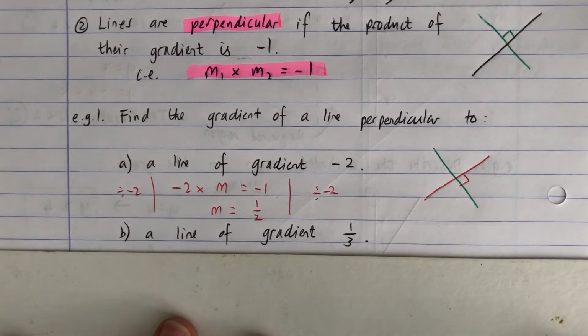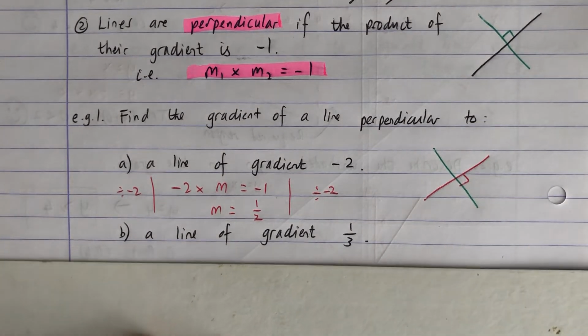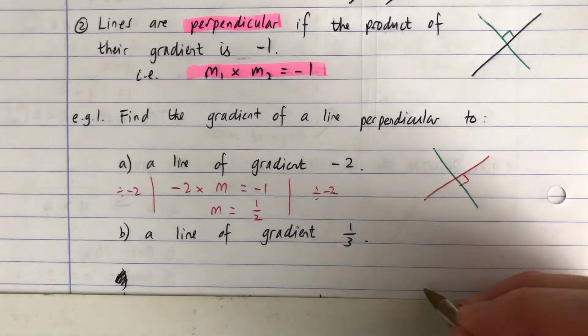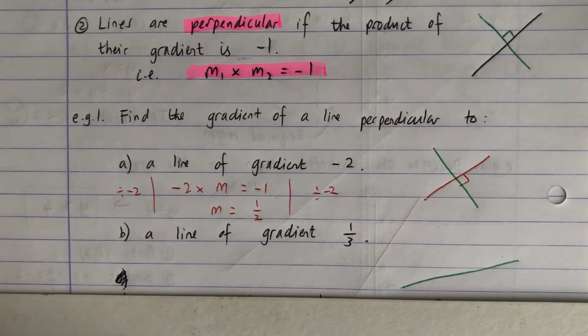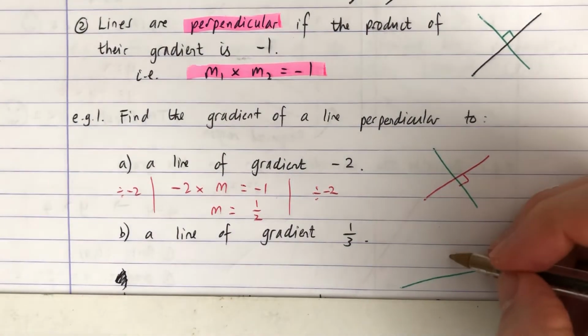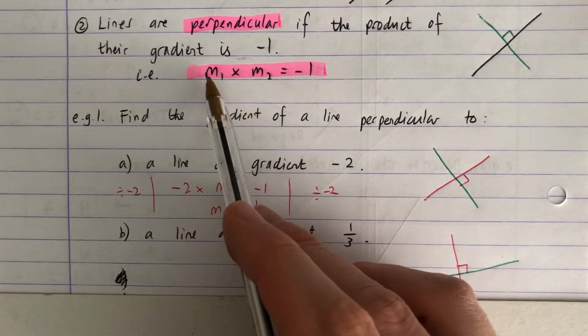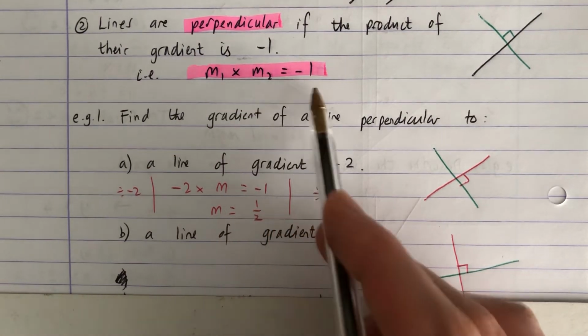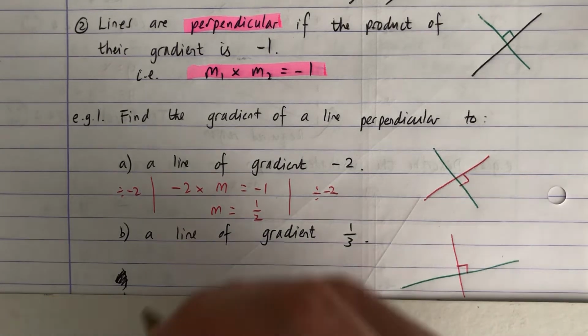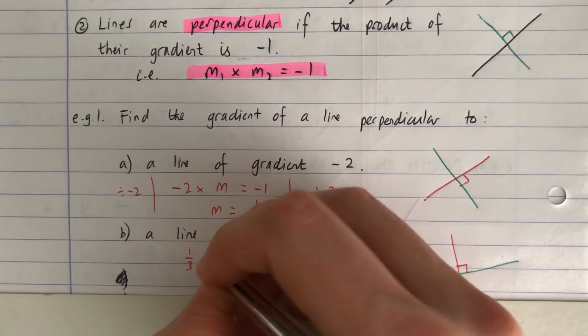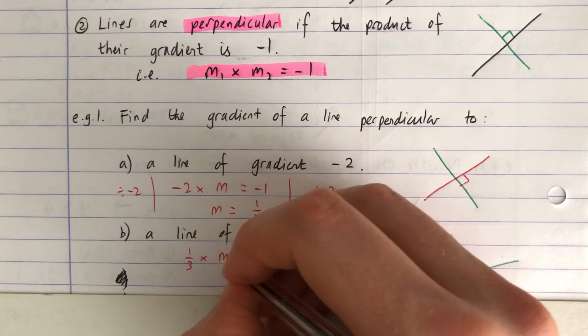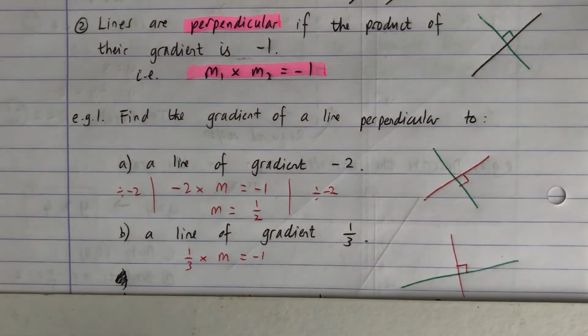Right, what about a line of gradient 1/3? We want something perpendicular to a line of gradient 1/3. So 1/3 would be a positive shallow line like this. Perpendicular would be like this. And again, we need to memorize this rule. The gradients, when you times them together, the answer is -1. So 1/3 times something needs to be -1.